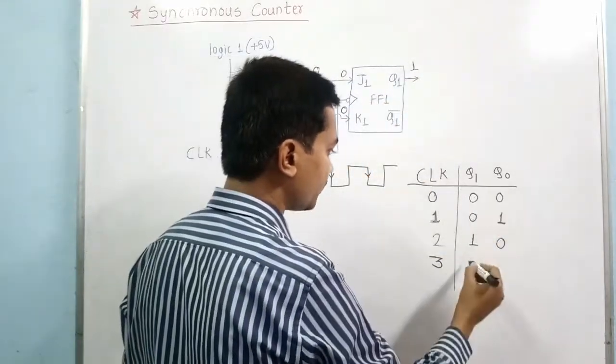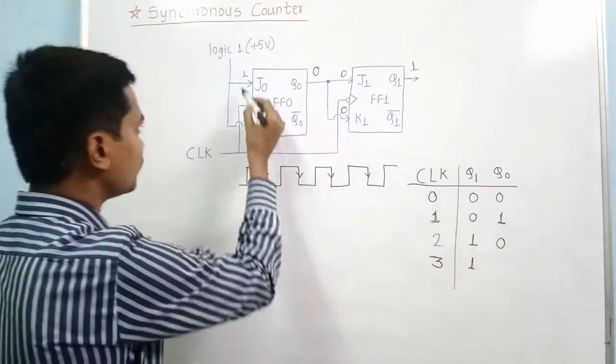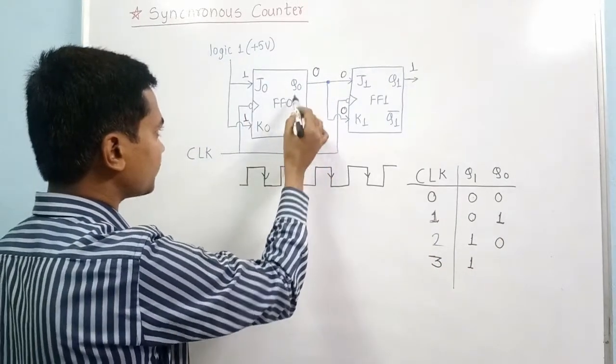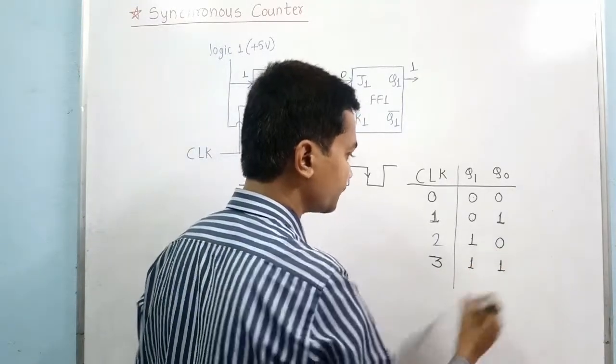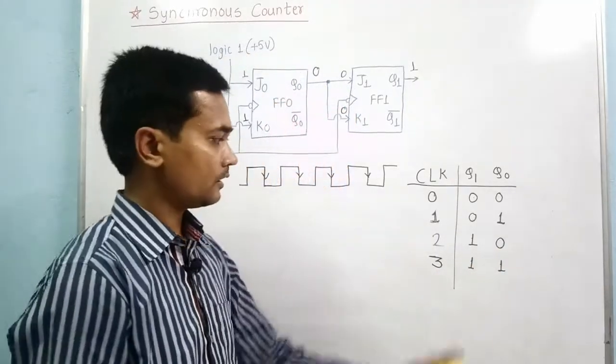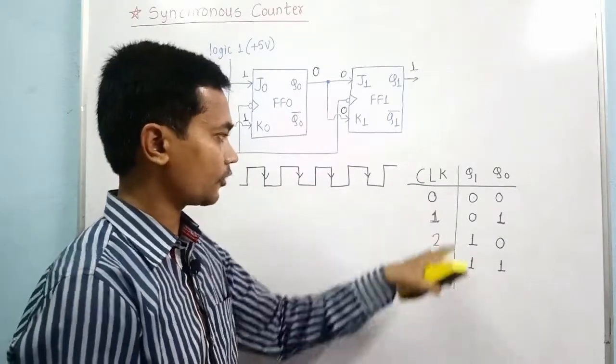So Q1 will stay in the same state, that is 1, and due to this 1 the Q0 will toggle, from 0 to 1. So this is the last state of our synchronous counter.